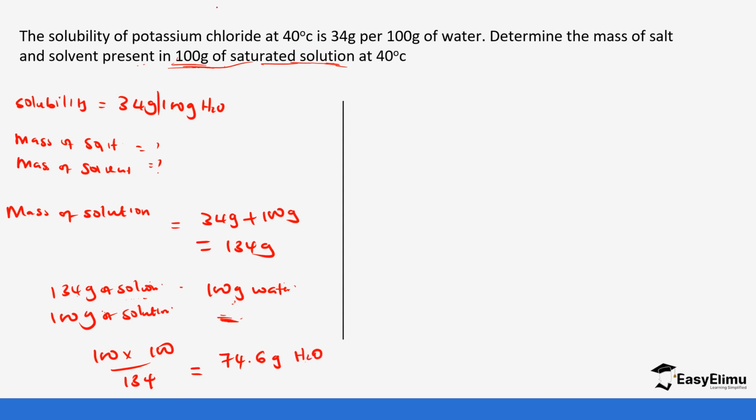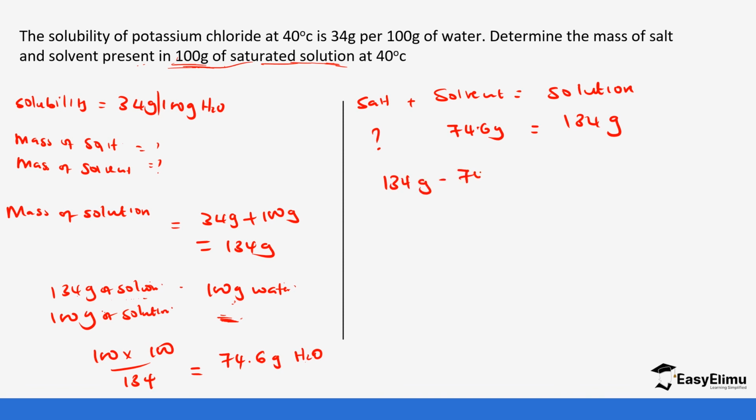So we know that a salt plus solvent will give us solution. So we know the solution is 134 grams, and now we've gotten the solvent, which is 74.6 grams. So how can we get the salt? We can get the salt by subtracting. So 134 grams minus 74.6 grams, which will give us, I've made a slide here.